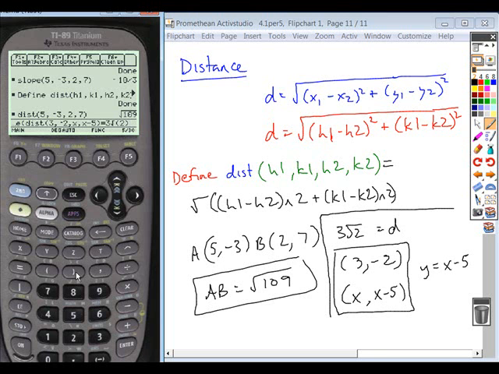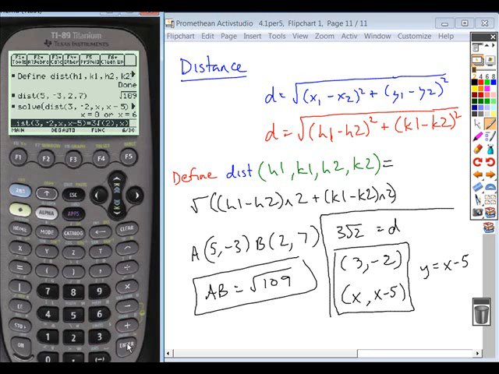When you're using the solver, after you write your equation, you need to tell the calculator what you're solving for. The way you do that is you separate it by a comma, identify the variable you're solving for, close it off. And so once I do that and hit enter, I get my answers: x is 6 and 0. Then you can plug it in here to find the corresponding points.